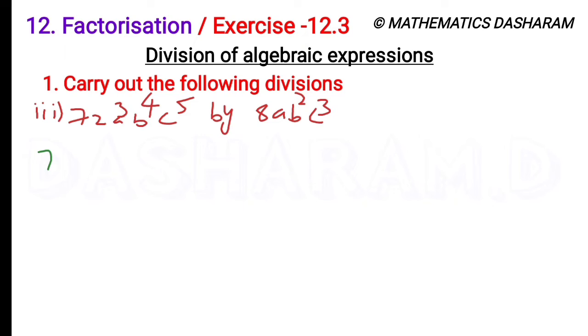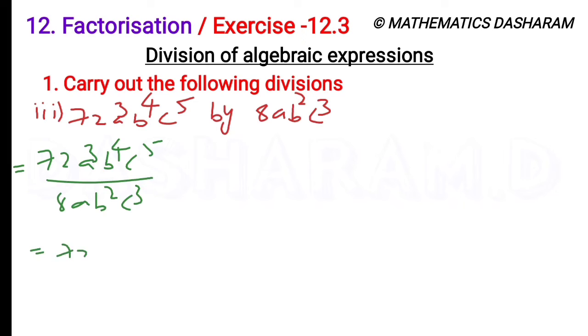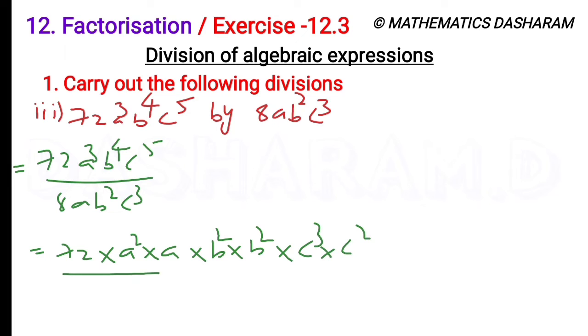Third question, 72 a cube b to the power of 4 c to the power of 5 by 8 a b square c cube. So 72 into a cube means a square into a, b to the power of 4 is b square into b square, c to the power of 5 is c cube into c square, divided by 8 into a into b square into c cube.